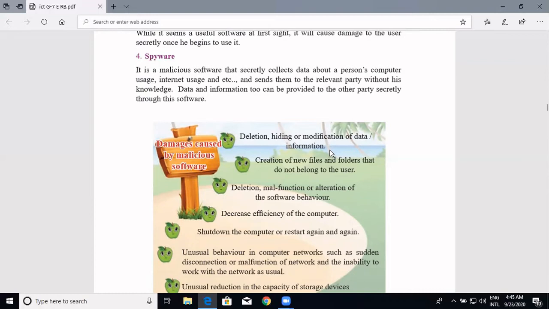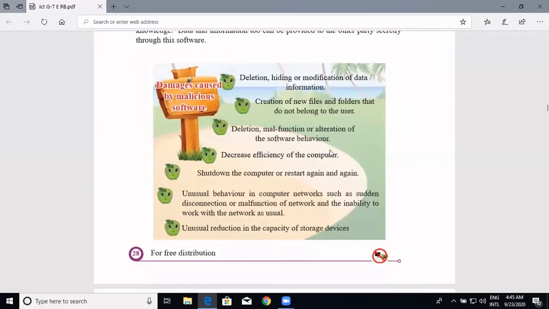So, what damages can happen, right? Already we discussed this, right? It can delete, hide, modify your existing data, right? And sometimes it can create unnecessary files and folders and try to use your memory capacity, right? If you have viruses, suddenly your C drive is getting filled, and you don't know.